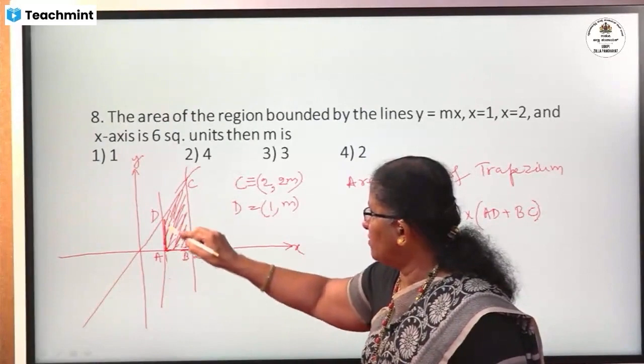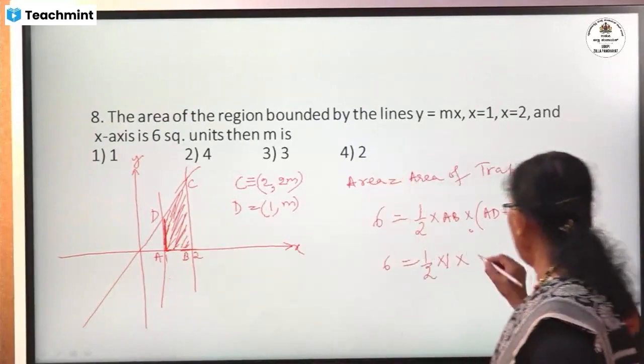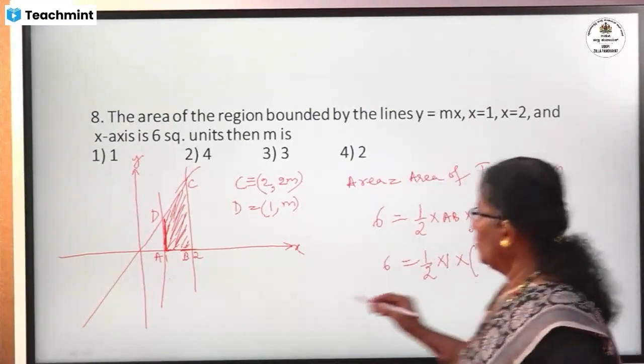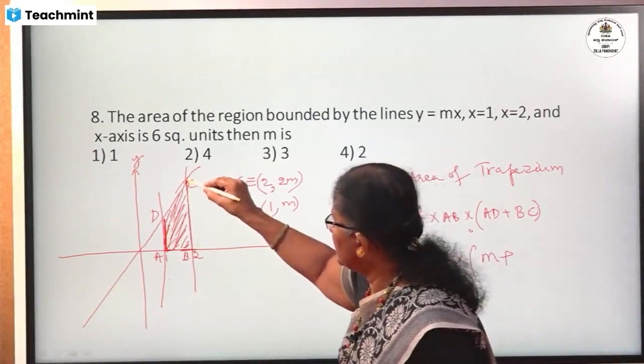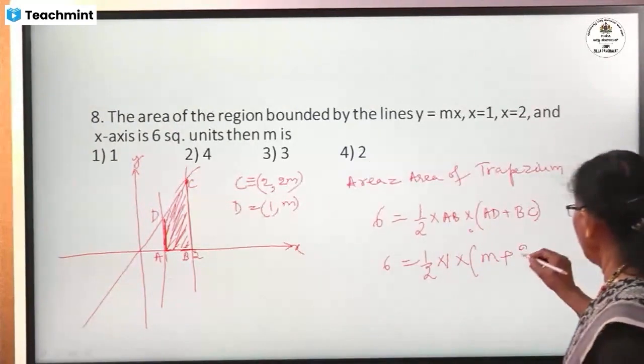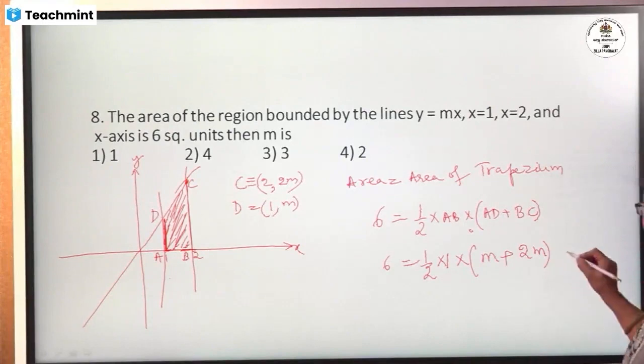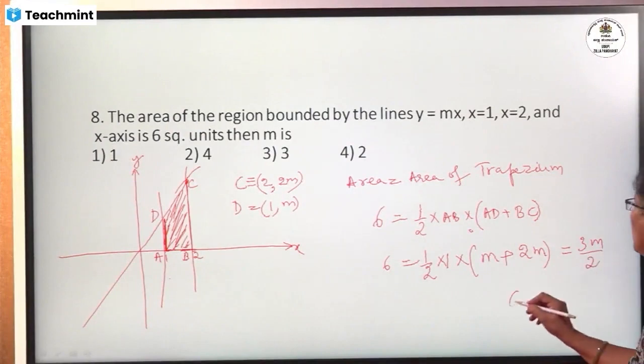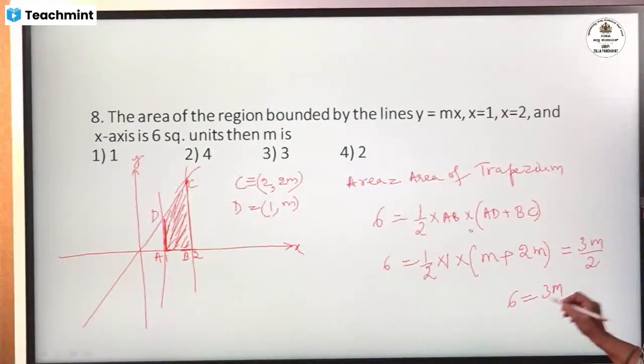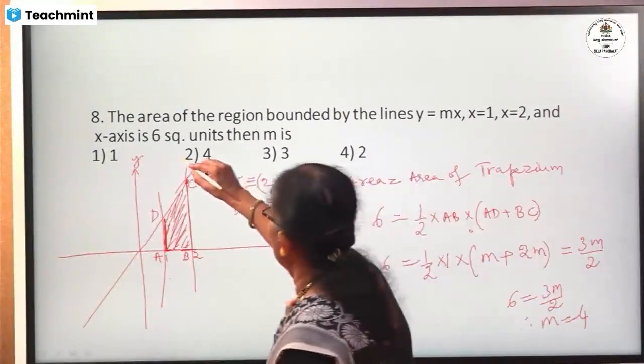This y coordinate is what here? M. So, it is m. What is y coordinate here? Is 2m. So, 2m plus m is 3m. So, what I get is 3m by 2. So, 6 is 3m by 2. Therefore, how much should be m? M should be 4.